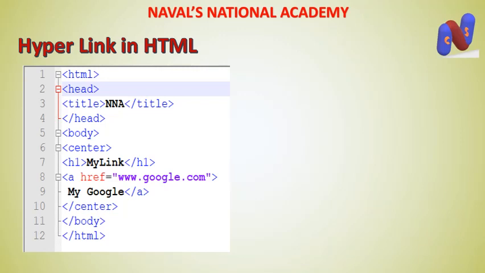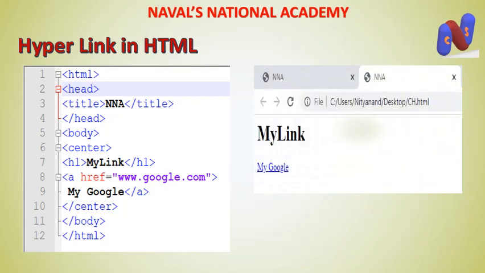Then I have closed the center tag, and then body, and then html. So this will be the output, my link and my Google. My link is normal text and my Google is hypertext, which is also known as a hyperlink. If you click on my Google using an internet connection, it will open the home page of Google.